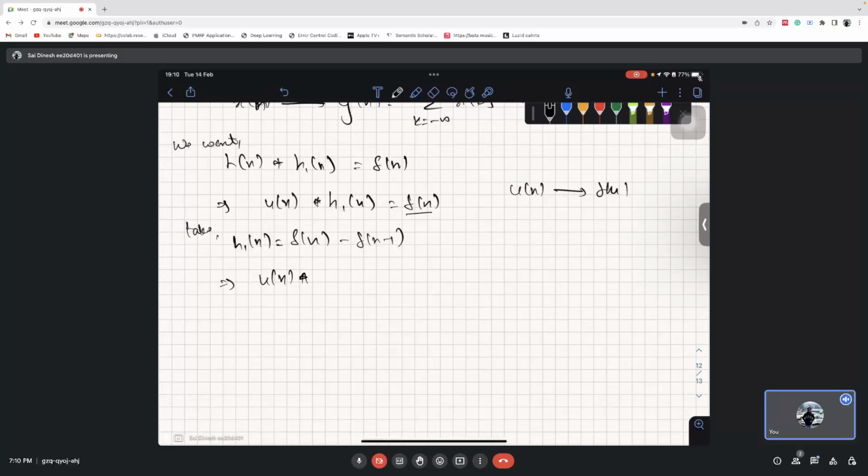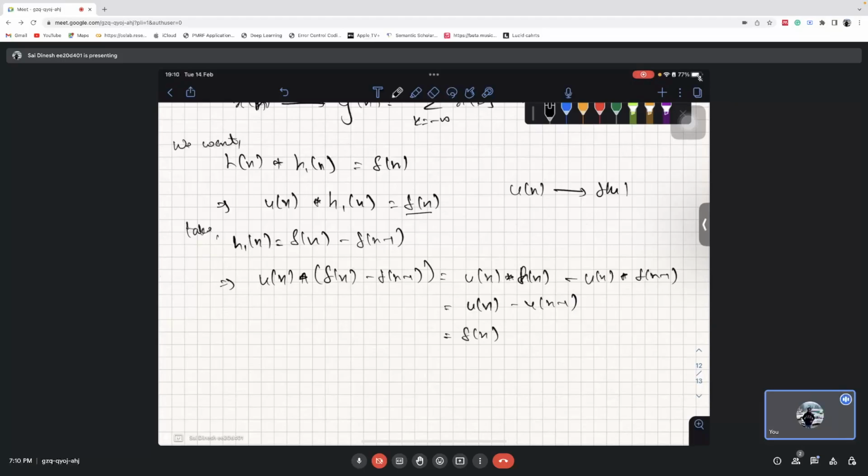If we take h1 of n to be delta of n minus delta of n minus 1, then this is equal to u of n convolved with delta of n minus u of n convolved with delta of n minus 1, which is u of n minus u of n minus 1, which is delta of n.